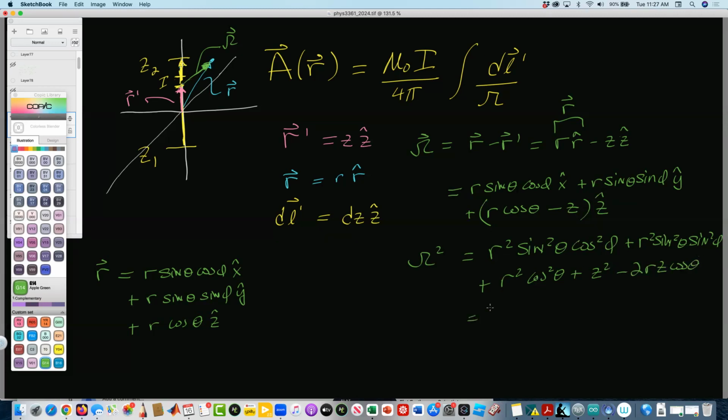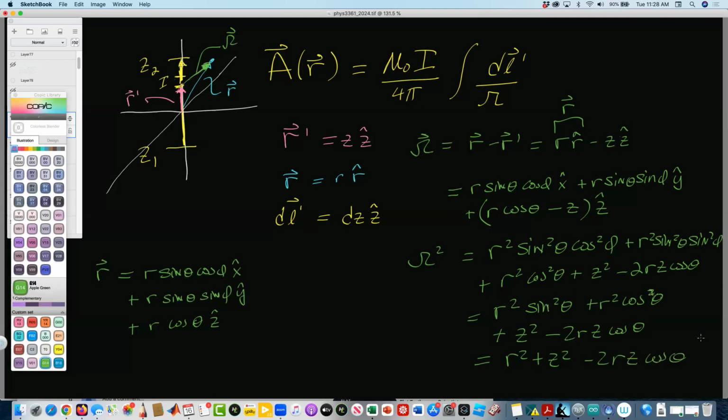Okay, a little simplifying. We get r squared sine squared theta from these two terms plus r squared cosine squared theta, and then plus z squared minus 2rz cosine of theta, which reduces to r squared plus z squared minus 2rz cosine theta.